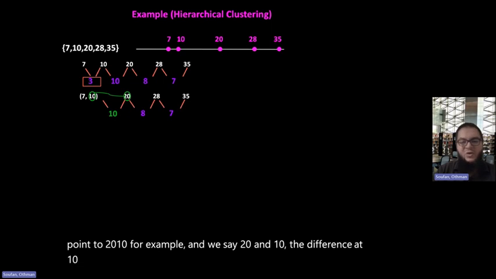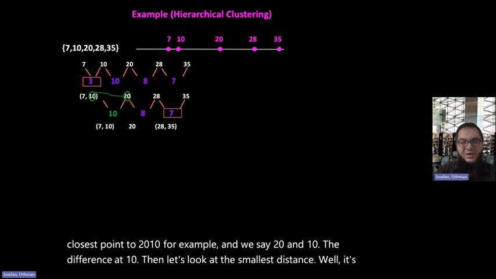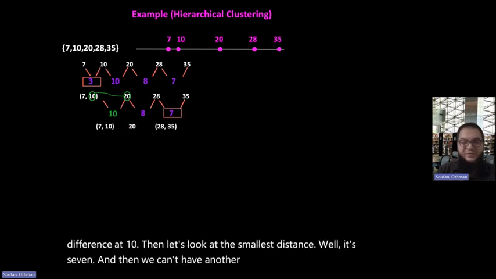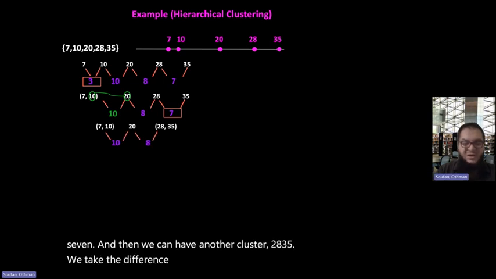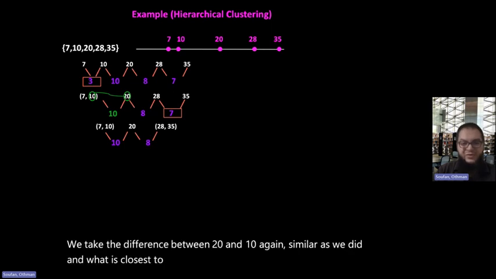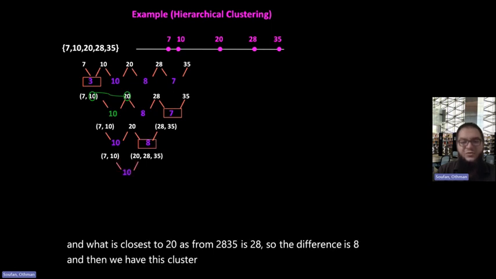Then let's look at the smallest distance. Well, it's 7, and then we can have another cluster, 28, 35. We take the difference between 20 and 10, again, as we did. What is closest to 20 from 28 and 35 is 28, so the difference is 8. And then we have this cluster, and here you go. The difference between these two is 10.